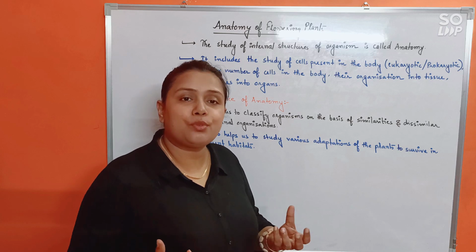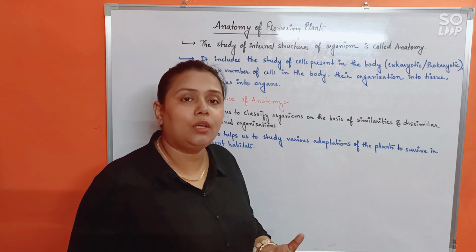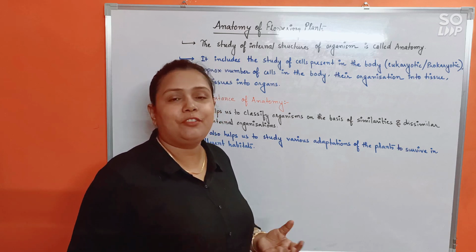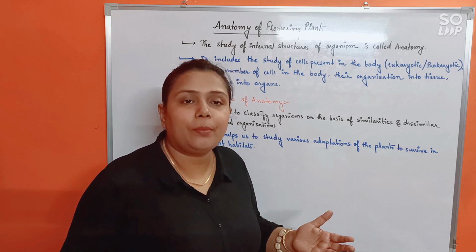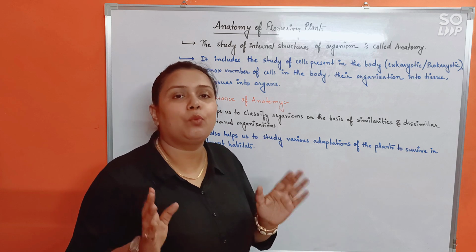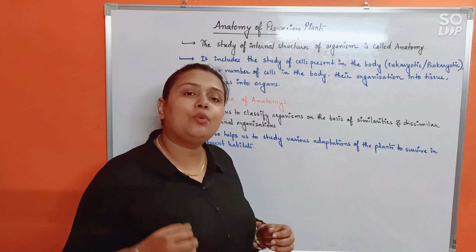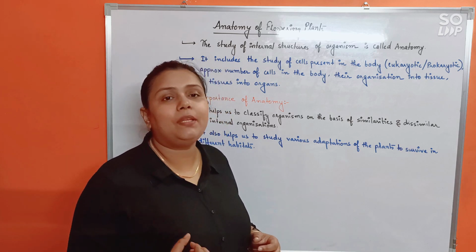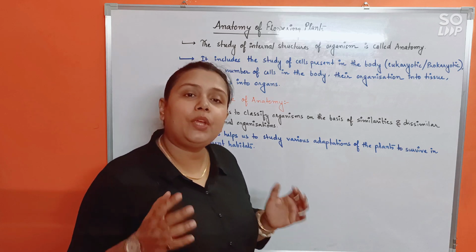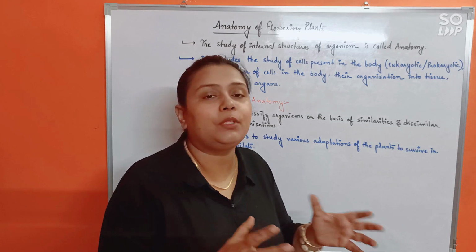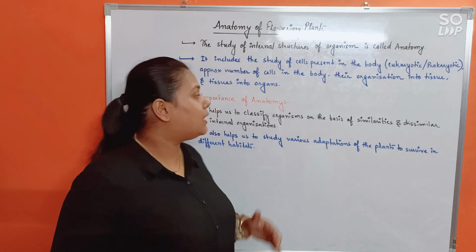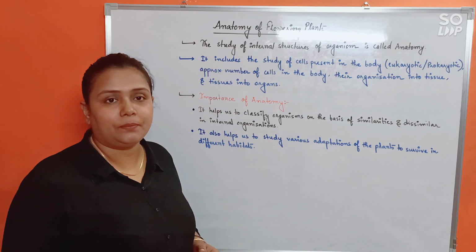And while we do so, our study of the living world becomes easier, because after all, there are millions of species and remembering all of them is not going to be possible by one person, isn't it? So to make it easier, we try to classify the organisms. We try to form them into some units, and that's what is going to be allowed by anatomy.